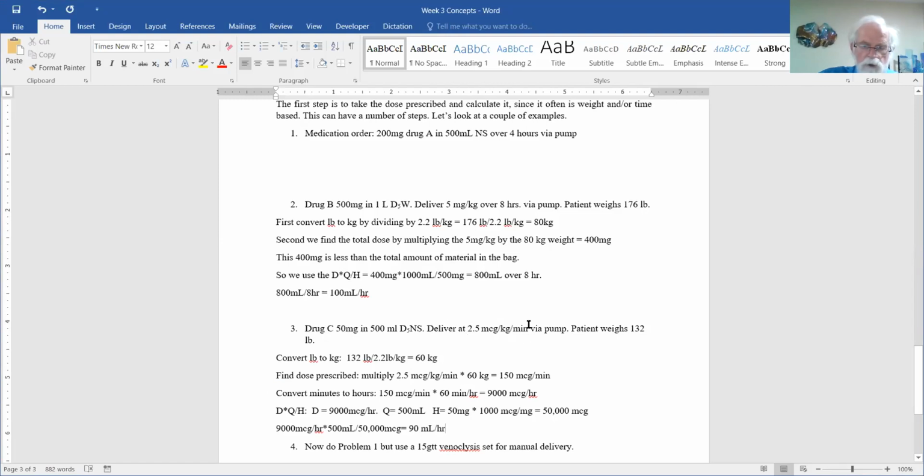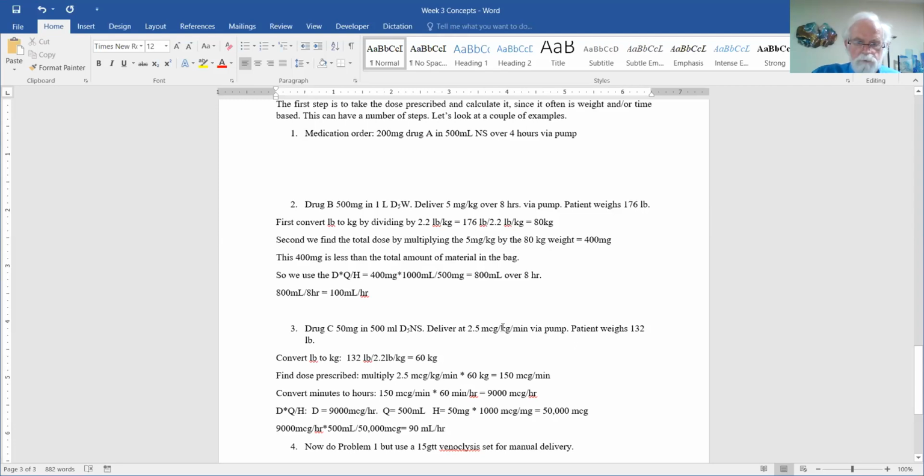This is the dose prescribed, 2.5 micrograms per kilo per minute. We know the patient weight because we can read the chart, or maybe we've just weighed the patient ourselves. So we know what the patient weighs. So we know that it's going to be milliliters. We're going to be calculating milliliters per hour because it's via pump. Okay. So we have to determine how much this patient is going to receive.